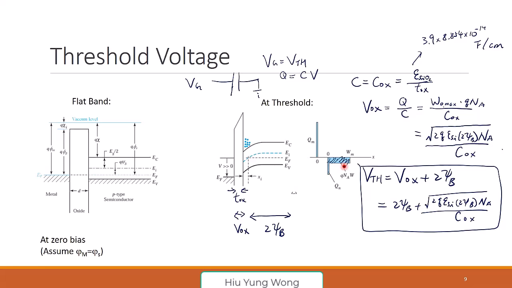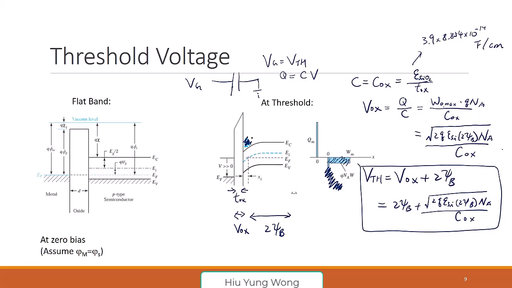We apply a voltage and induce some charge on the other side. And how do we find the threshold voltage? The threshold voltage is at the point where you just depleted the substrate. You still have not formed the inversion charge yet. You just depleted it, okay? You don't have this inversion charge yet. That is the threshold voltage.